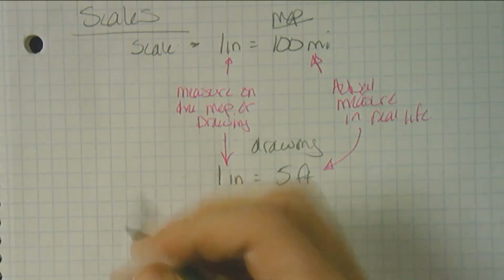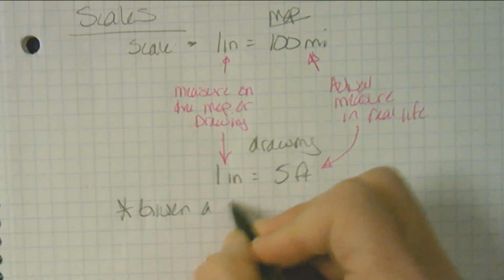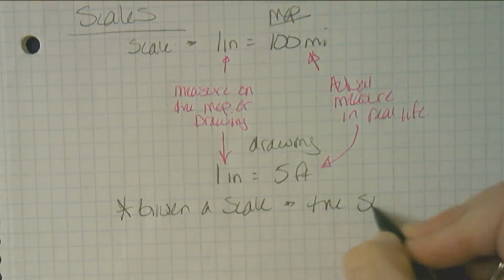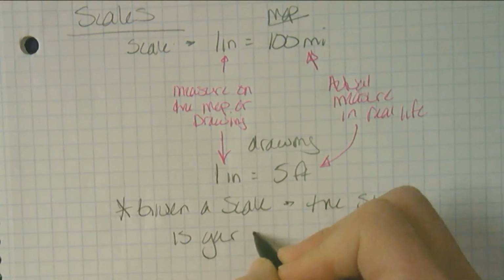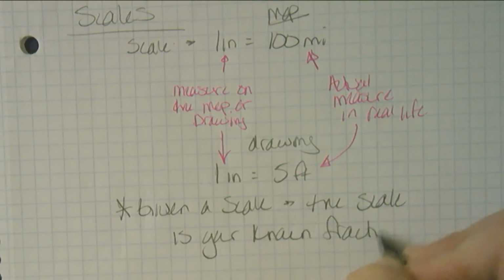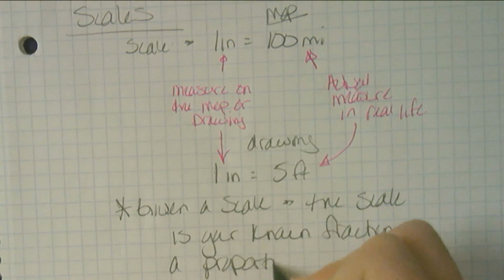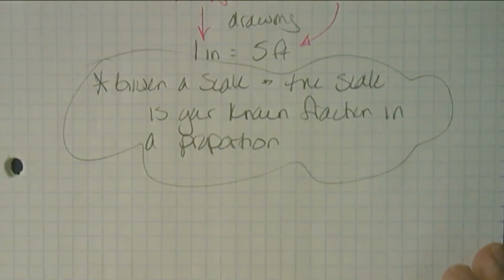So the big thing is when we are given a scale, the scale is your known fraction in a proportion. Always use that as your known fraction.